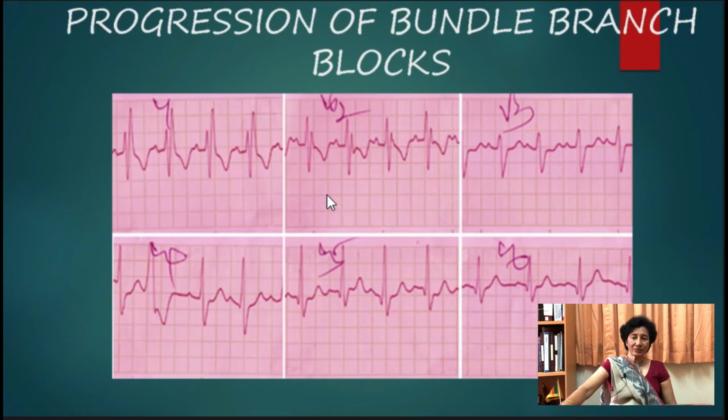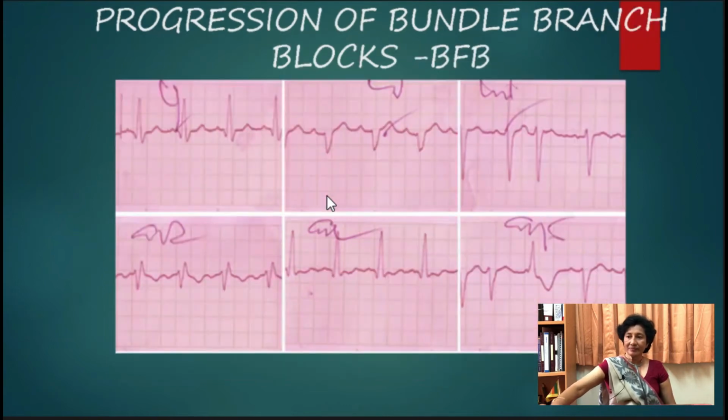So, this slide shows complete right bundle branch block with left axis deviation due to the total conduction failure of both the right bundle and the anterior fascicle of the left bundle. Therefore, the diagnosis in these two slides is bifascicular block, right bundle branch block with left axis deviation.